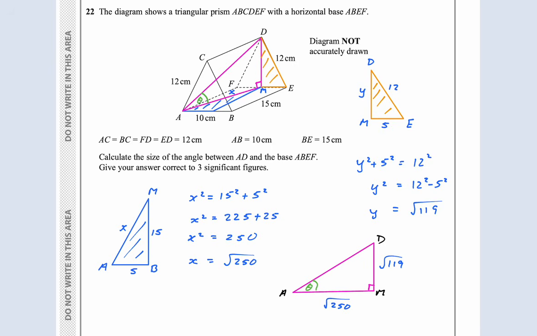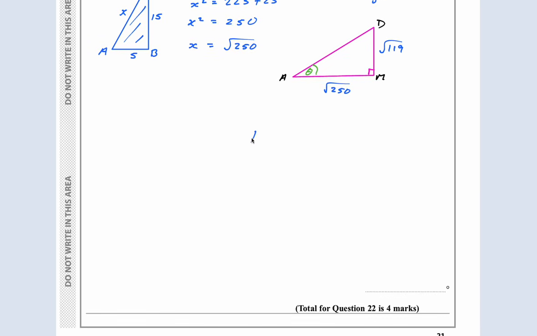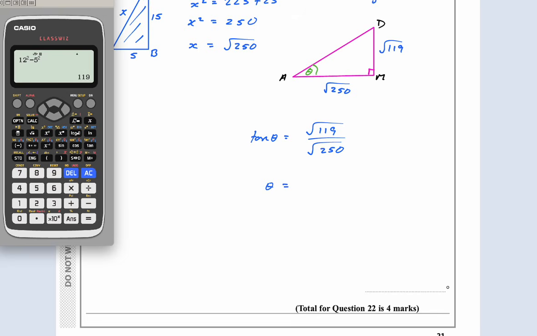So to get theta, I just do SOHCAHTOA. I can say tan theta equals root 119 over root 250. Theta is the inverse tan of that. Now, I do hope I'm right. Inverse tan of root 119.